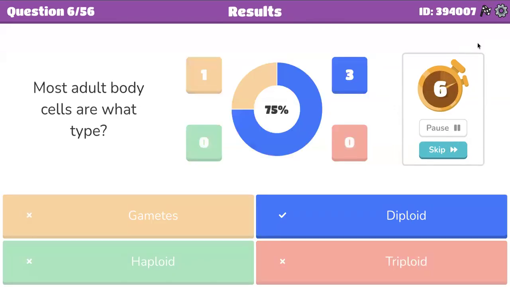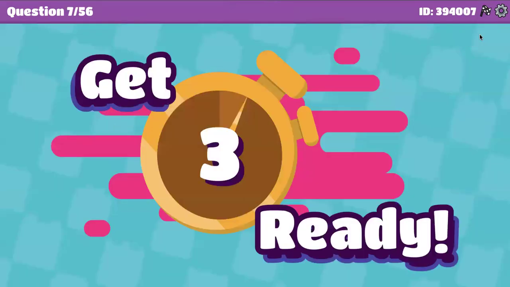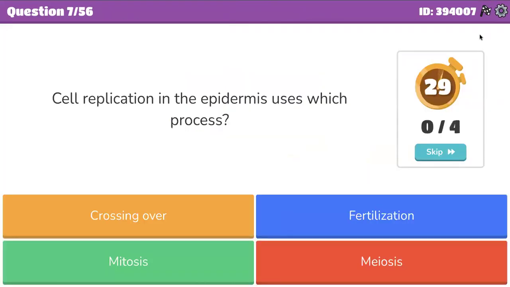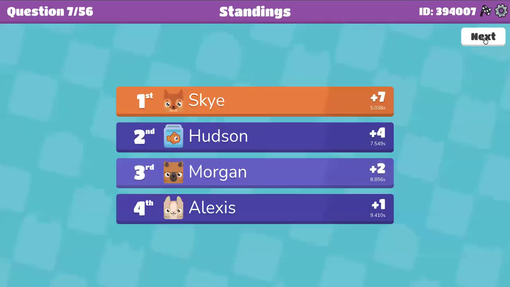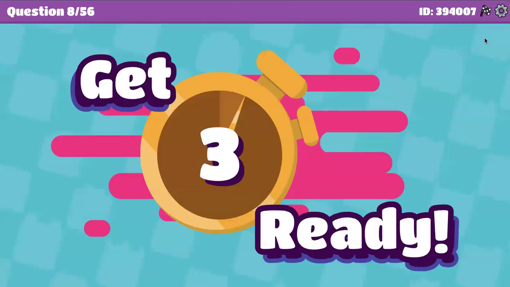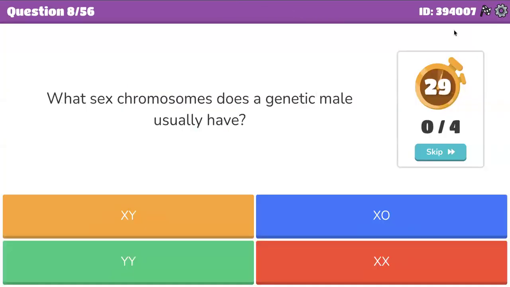They're diploid. Cell replication in the epidermis uses which process? Mitosis. They're constantly replenishing themselves and they should be like duplicate copies unless there's like a mutation or something.